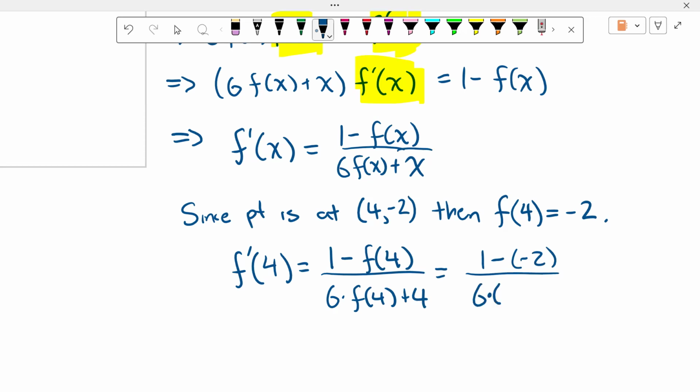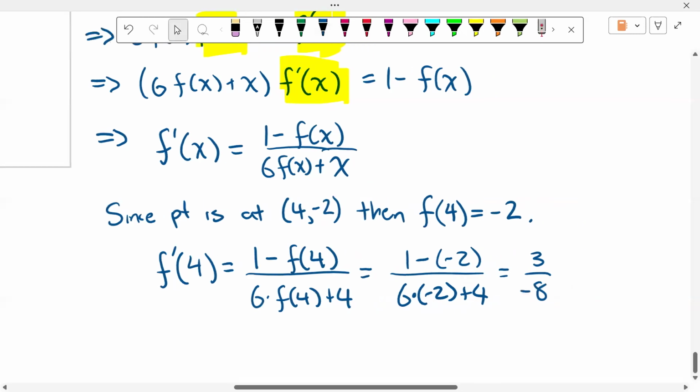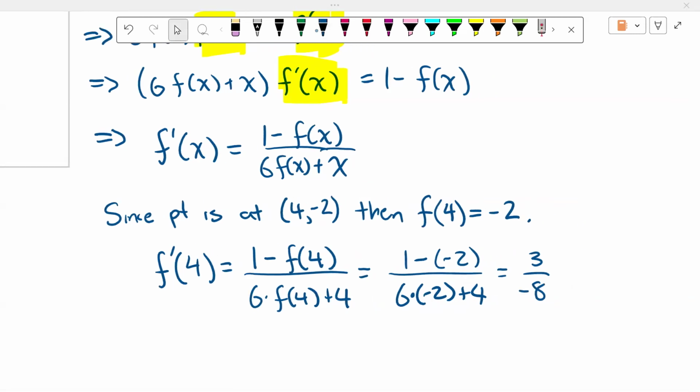I'll have a 6 times a -2 plus 4. If I simplify that, I'll be left with a 3 and a -8. Well-adjusted people write -3/8. There we go. And so that gives me the slope of the tangent line.